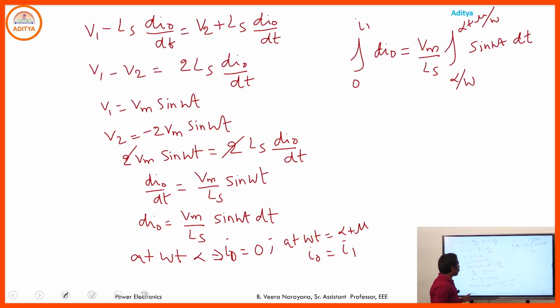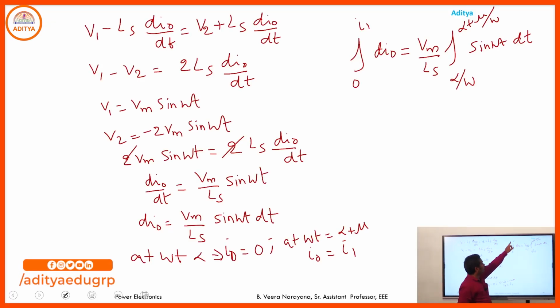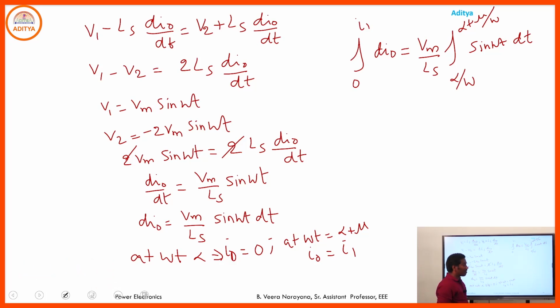So you write the limitations like integral 0 to I1 di naught is equals to Vm by Ls integral alpha by omega to alpha plus mu by omega. From this, at omega t is equal to alpha, then t is equals to alpha by omega. Then we write the limitations like alpha by omega to alpha plus mu by omega sin omega t d omega t. So by simplifying this, what you are getting here?